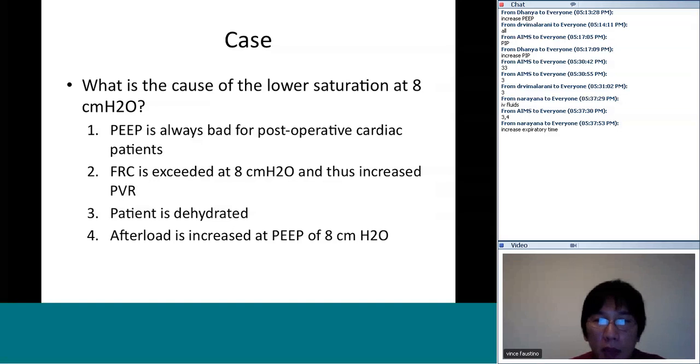One, PEEP is always bad for post-op cardiac patients. This, I'm telling you, is what the surgeons would always say. Two, FRC, or functional residual capacity, is exceeded at 8 cm water and thus increased pulmonary vascular resistance. Three, the patient is dehydrated. And lastly, afterload is increased at a PEEP of 8 cm water.